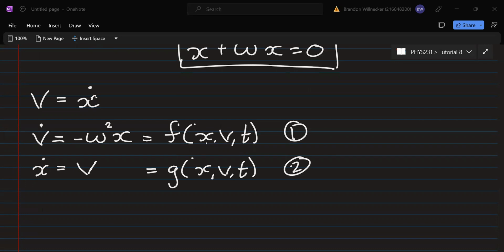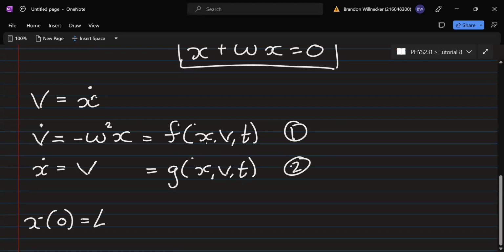In the tutorial, you're supposed to be solving them using the Runge-Kutta fourth-order method, with initial conditions x naught is equal to L and v naught is equal to 0. These are our initial conditions, and L is specified by the user.